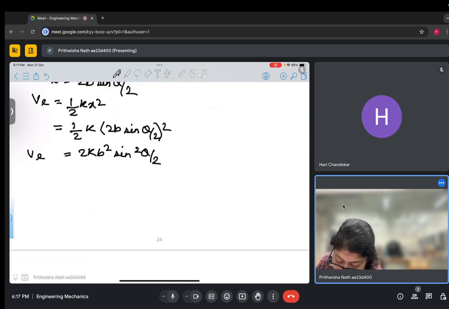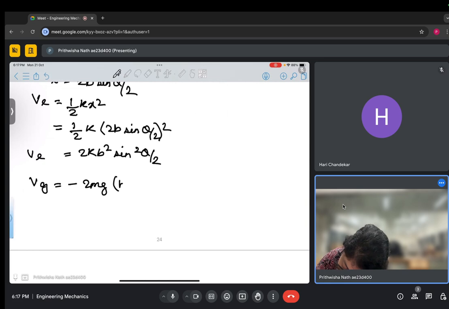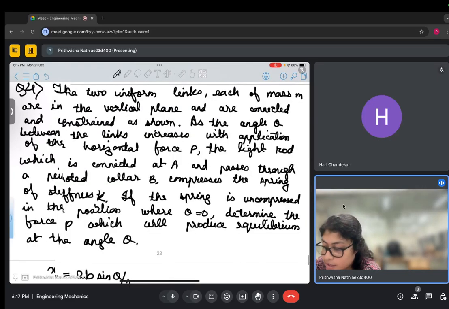And the datum level is considered at point O. So Vg will be a negative quantity, right? Because it is below the datum level. So that is minus 2 mg b cos theta by 2. What is this distance OC?